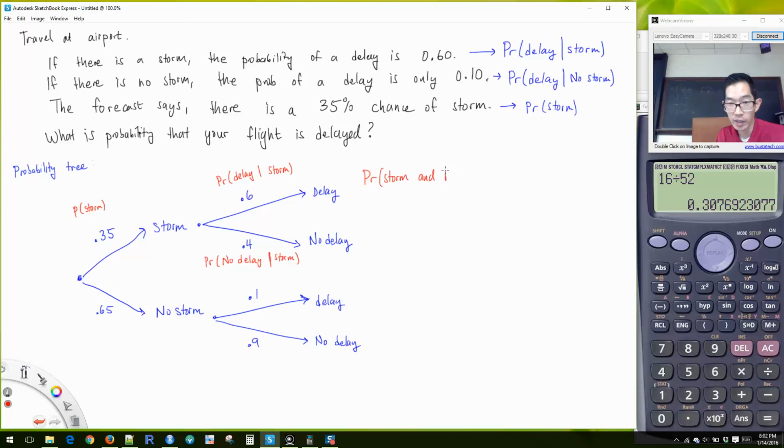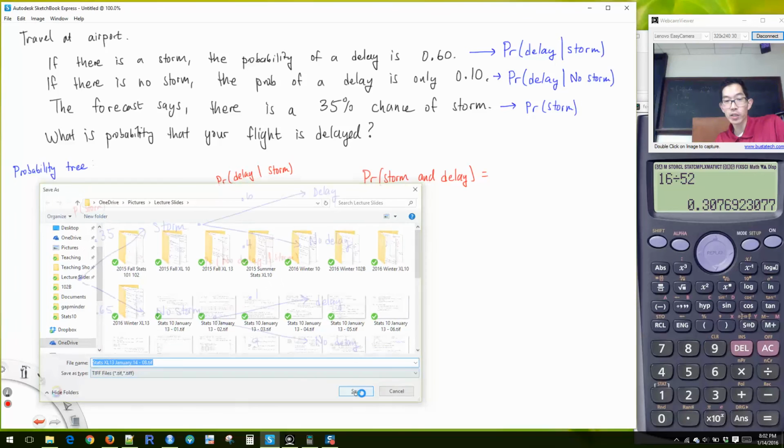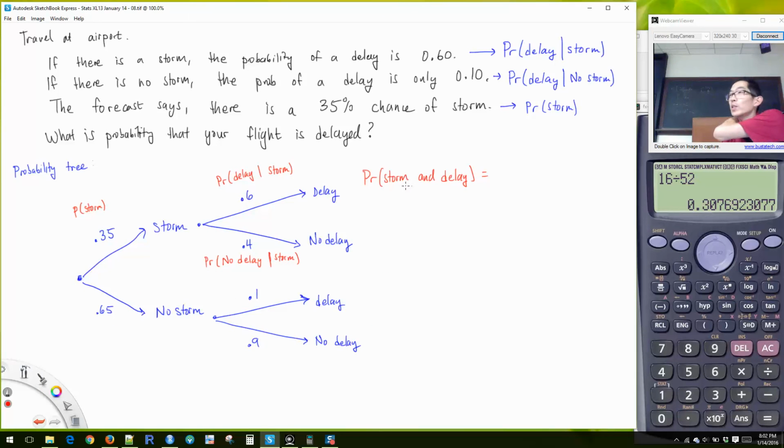So I can say the probability of a storm and delay is equal to, if we flip back in our notes, the probability of A and B, which is the probability of A times the probability of B given A. So this would be the probability of storm times the probability of delay given storm.